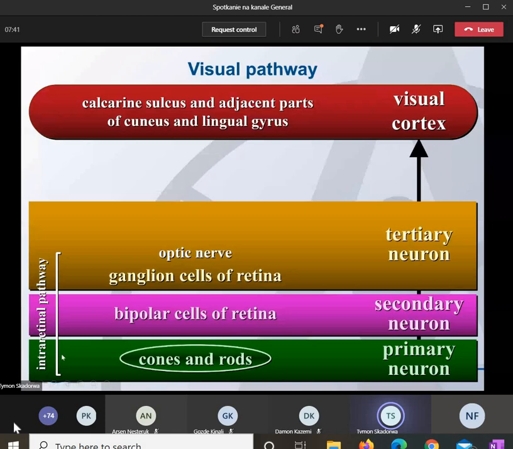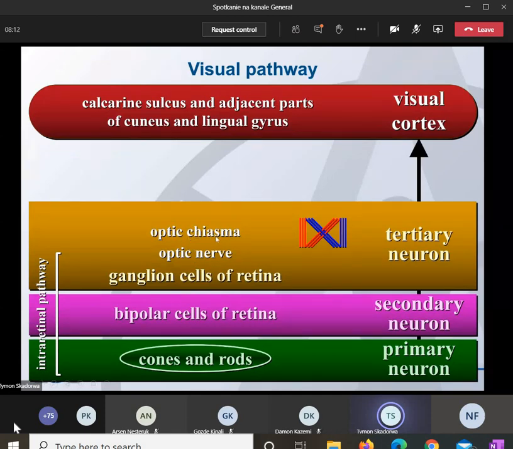This is why sometimes we apply the term intraretinal pathway for this run from the first to the third neuron. What happens then? When the information leaves the retina with the optic nerve, it enters the skull through the optic canal, if you remember, and then decussates, making a junction with the contralateral optic nerve, and this is what we call the optic chiasma.